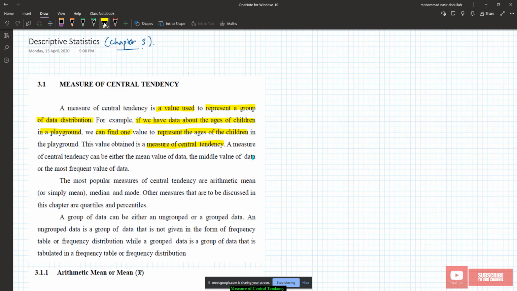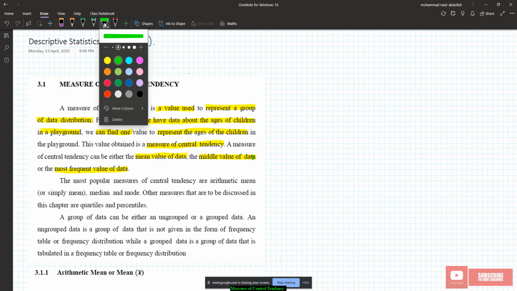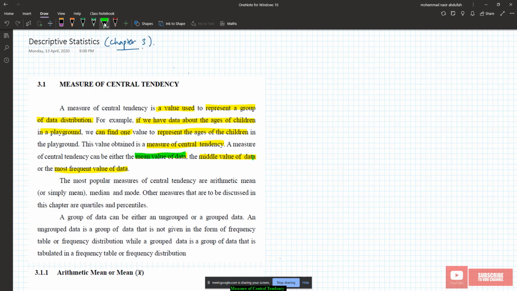So for measure of central tendency, we can measure the mean value of the data, the middle value of the data, and the most frequent value of the data. So we can measure these 3 values: mean, middle value, which is median, and most frequent value of the data, which is mode.